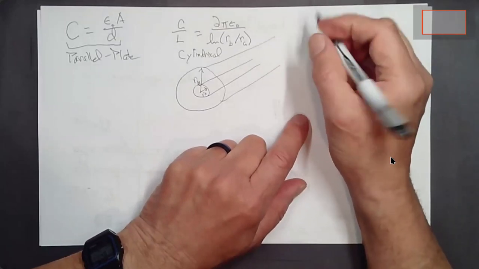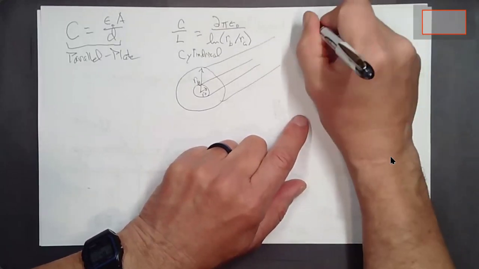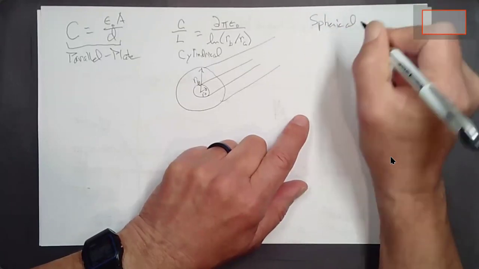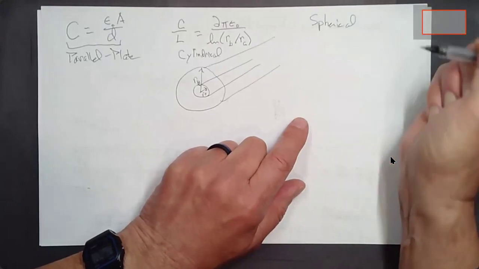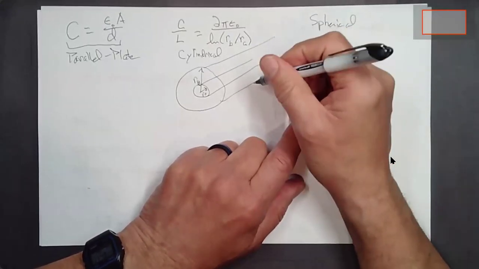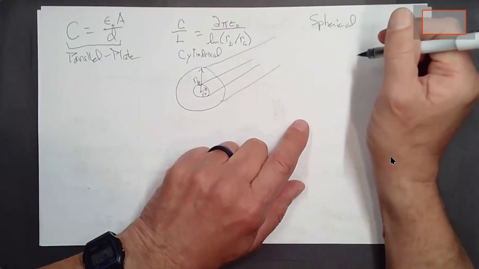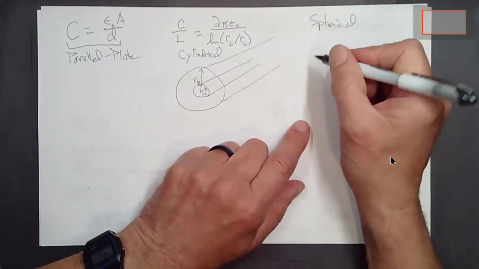And then there's also a spherical capacitor, which is going to be tricky because somehow you have to poke a hole in the outer one to get a wire into the inner one, unless you can somehow go into 4-dimensional space and just kind of warp it around.